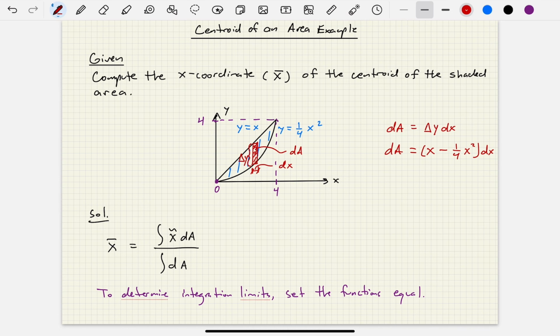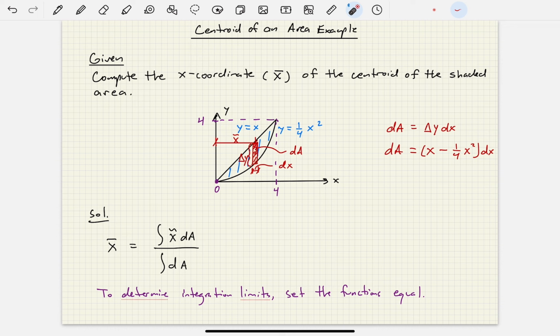What x tilde is, is this dimension from the origin to the centroid of dA. This is x tilde right here. So it's a horizontal distance from the origin to the center of dA, which again, remember, has a width dx and a height delta y.